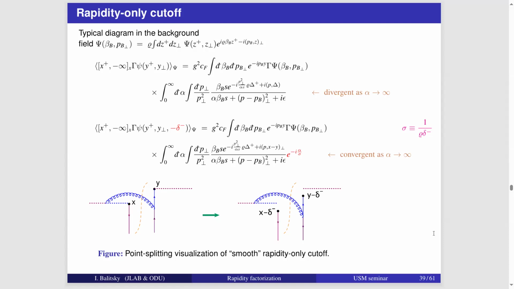Now, if you impose a rapidity cutoff, you will see that it's convergent, and the rapidity cutoff here is easy to visualize as point splitting. You separate the Wilson line from the quark. Of course, it's not gauge invariant, but I have shown that the violation of gauge invariance is a power correction, which we neglect in this calculation because we are after logarithmic evolution.